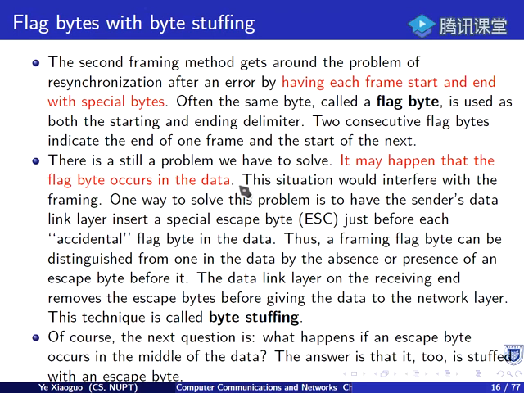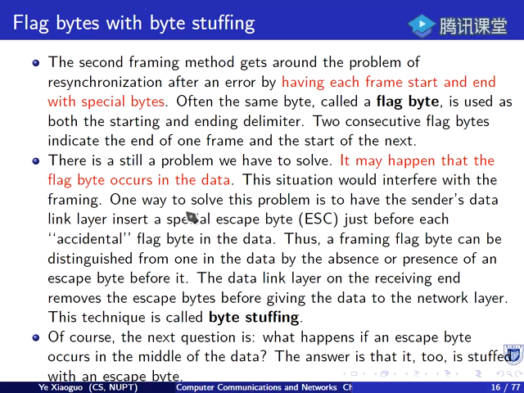That means even if we use a special byte as the start and end, it is still possible that the flag byte occurs in the data. So it is still a problem, and this situation would interfere with the framing.